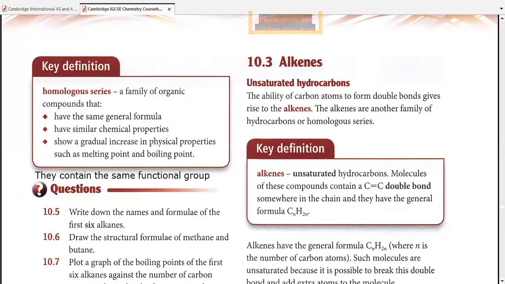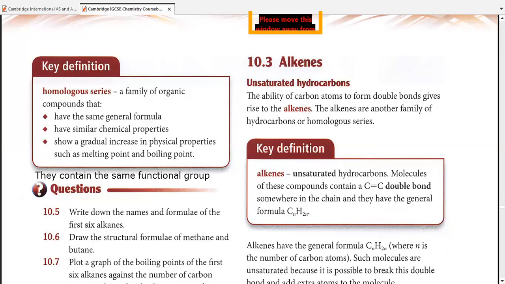So basically, जिसे पहले मैं family कह रहा था, जिसे अभी भी हम family के तौर पे define करते हैं, the word is also written over here. For that, we have a chemical word, and the chemical word is homologous series. Although we do use the word family for simple understanding, that's not a chemical word.